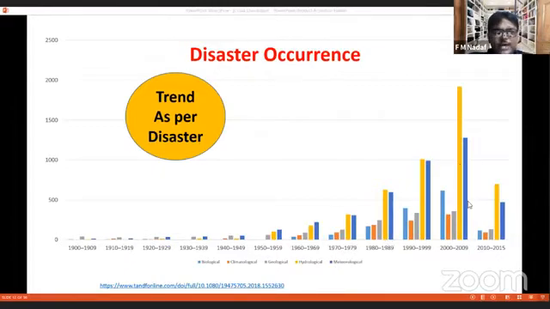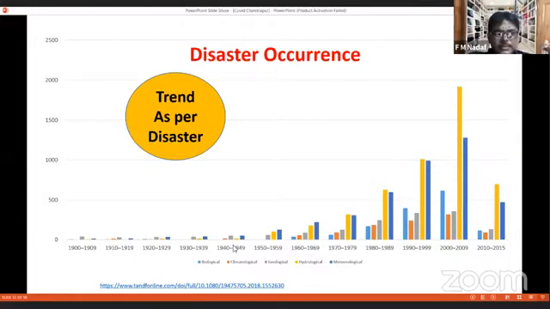So what we find is that of late, we have more meteorological, hydrological disasters, and also in certain cases, climatological disasters. But in the case of disasters from 1900 to 1959, we had hardly a few disasters which were meteorological, hydrological, and geological in nature.